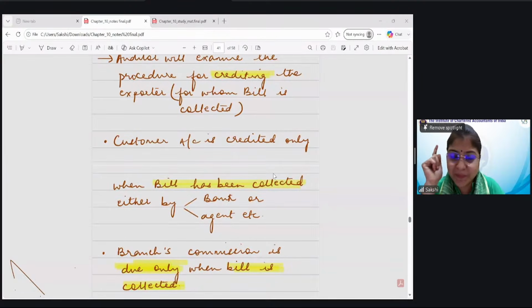Do you remember your bills for discounting entry? Khushi, what was the entry? Tell me. You used to debit the discount amount, na? So this is what debit means.